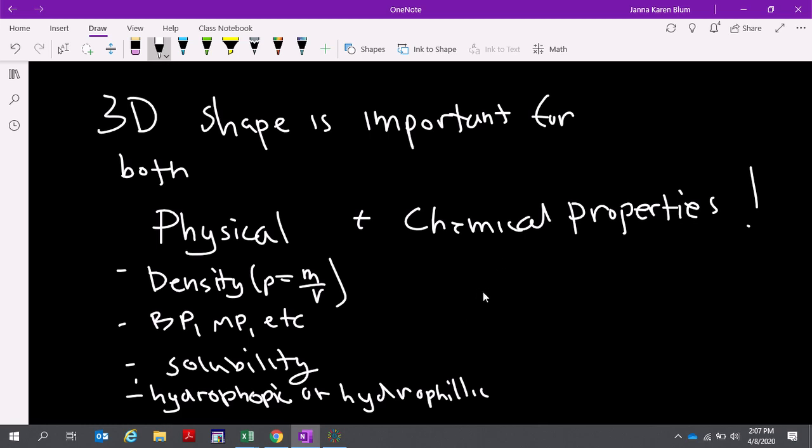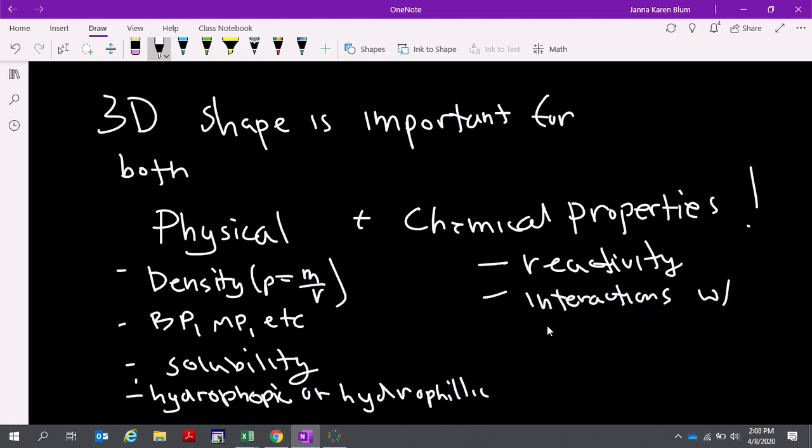In terms of chemical properties, we can look at reactivity. So how likely a molecule is going to be able to react, the type of reactions that it undergoes. Also, things like working with catalysts. Catalysts, especially enzymes, tend to be very heavily focused on the shape.